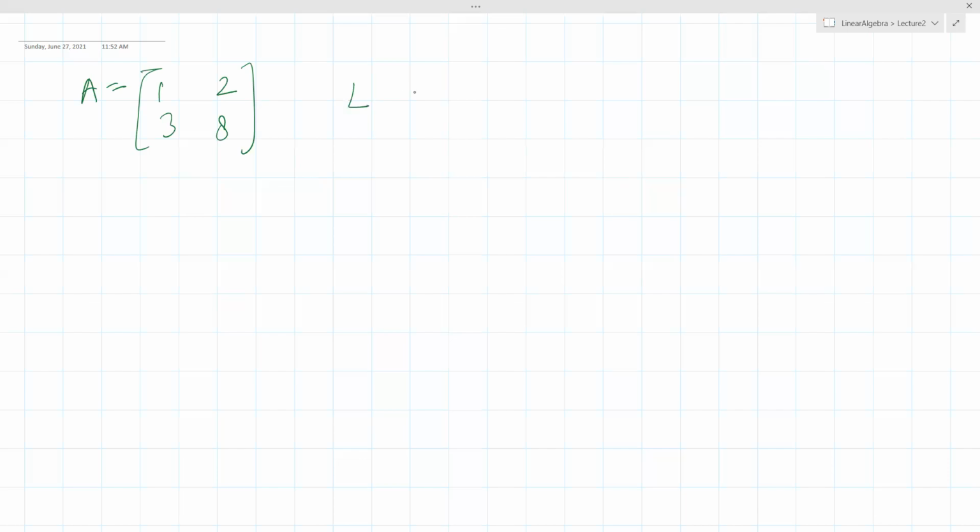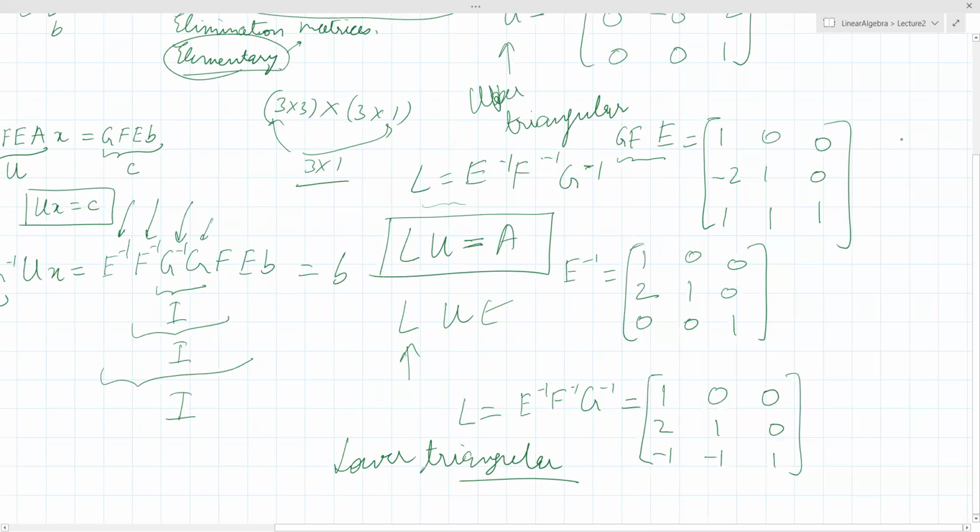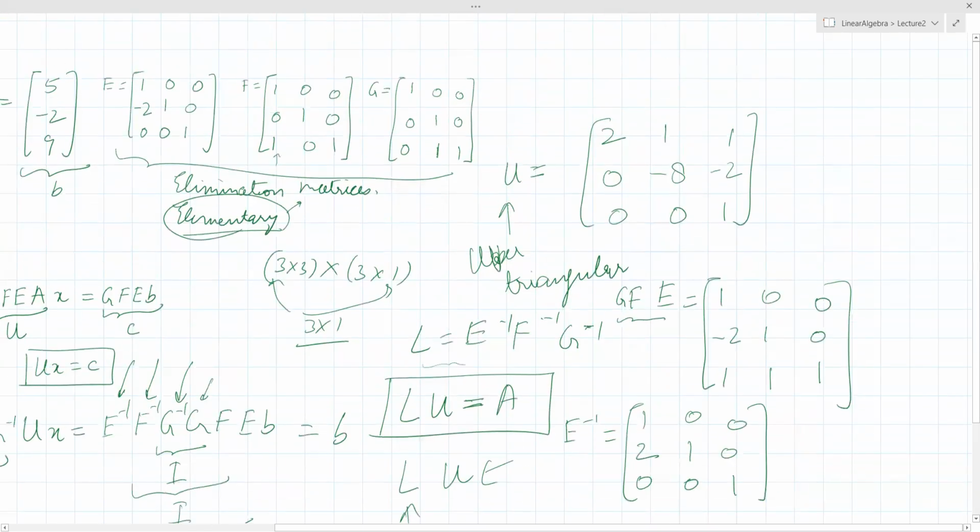Please find out L and U. One thing I forgot to mention is that if you look at U, all the diagonal elements of U, can you find a pattern there?